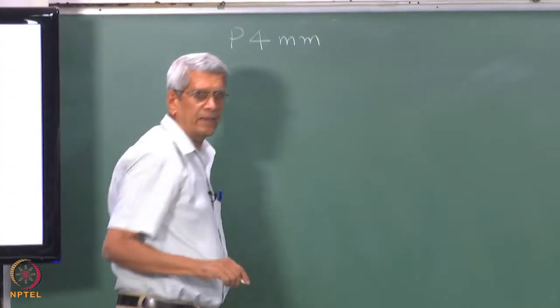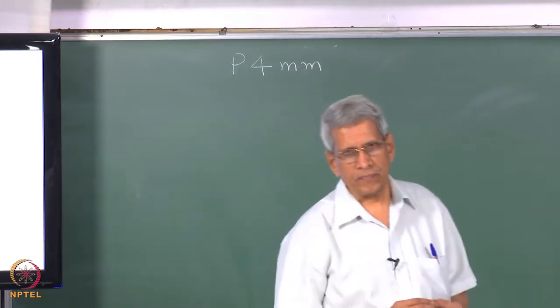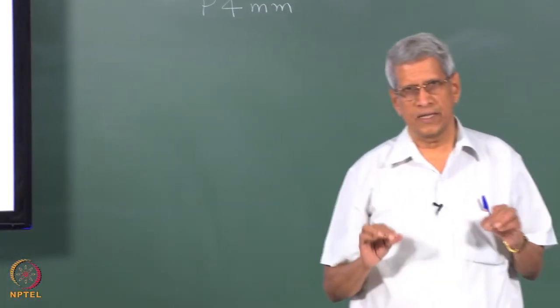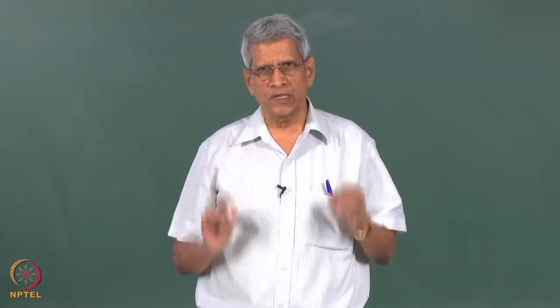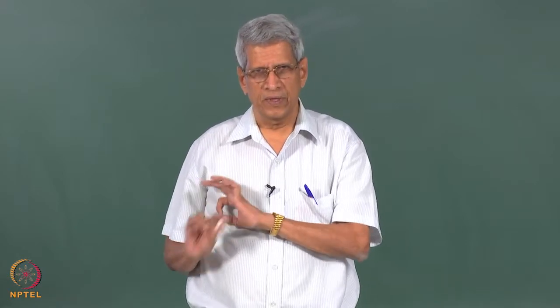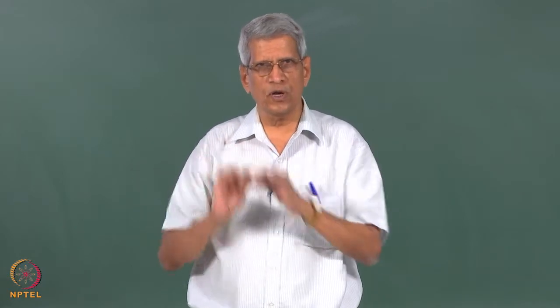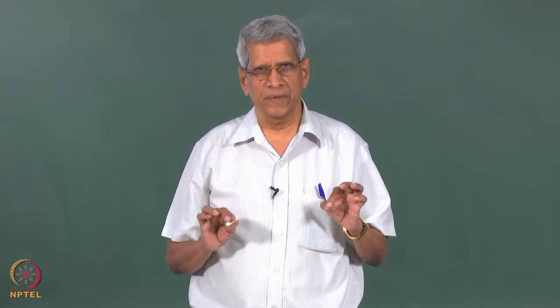This is the particular type of space lattice which we considered, where P stands for primitive. 4 essentially represents the symmetry operation which is there. In this lattice, 4 essentially is just a point group symmetry, correct?